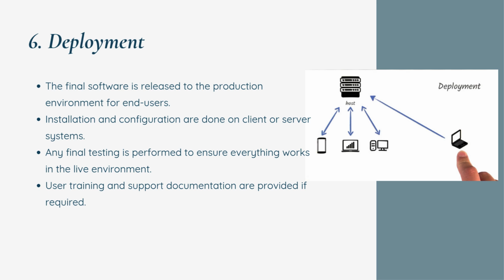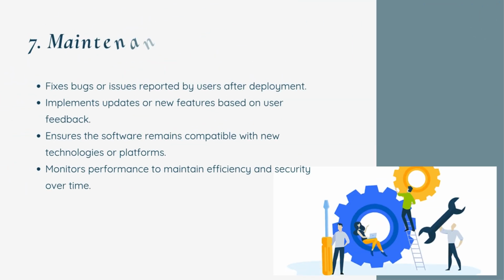Now let's move to the final phase, that is the maintenance phase. Do you know what the meaning of maintenance in software development is? What does it actually mean? It means the process where care is taken for the developed project.